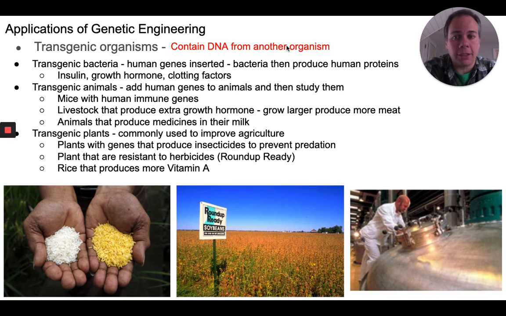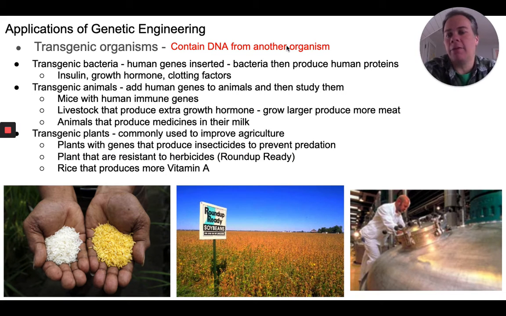Many plants and crops have been genetically engineered. Some crops have been genetically engineered to have inside of them a gene that produces insecticides, so that these crops are less prone to be eaten by insects.